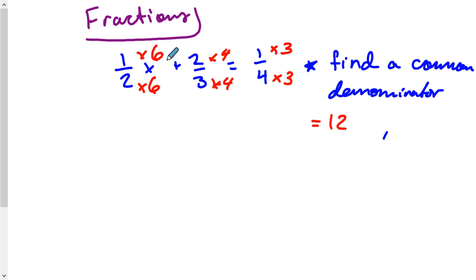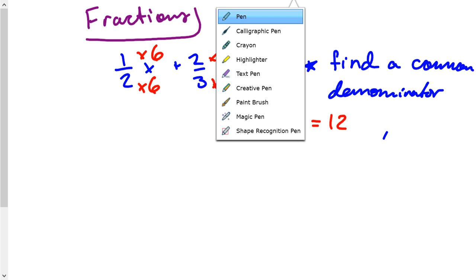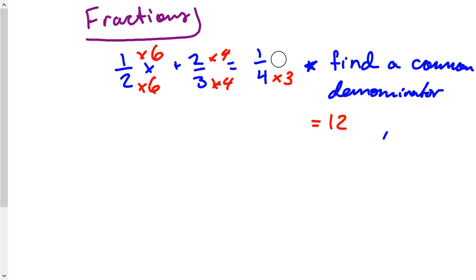Now, this works very nicely to get rid of the fractions, but really what we want to do is not multiply it like this, but knowing that that's the least common denominator, we need to multiply everything by 12, because that will reduce everything.